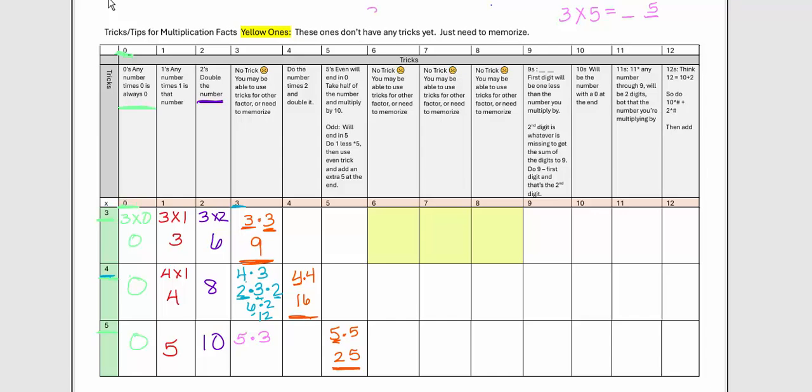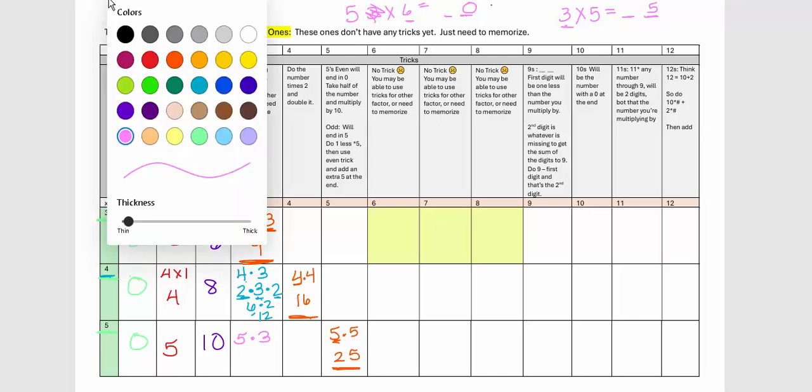If we're multiplying 3 times 6, 6 is even, so we know that the last digit is going to be a 0. So if you're multiplying an even number by 5, you know it ends in a 0. An odd number by 5, it ends in a 5.